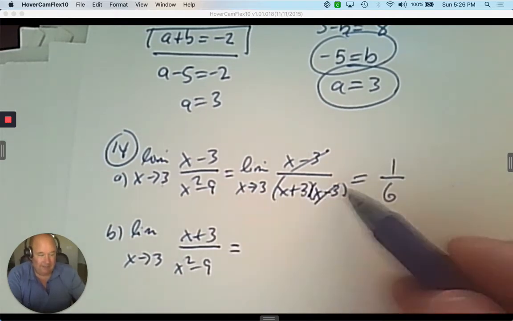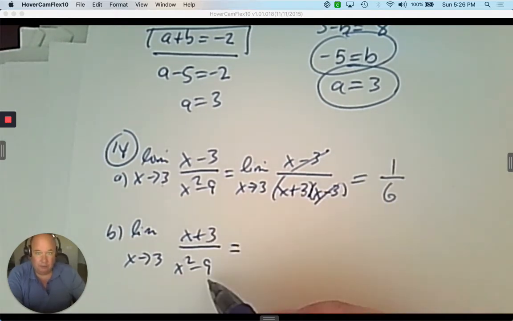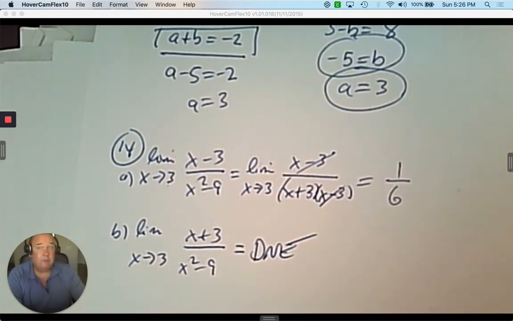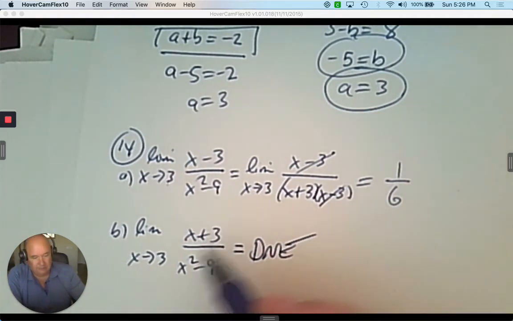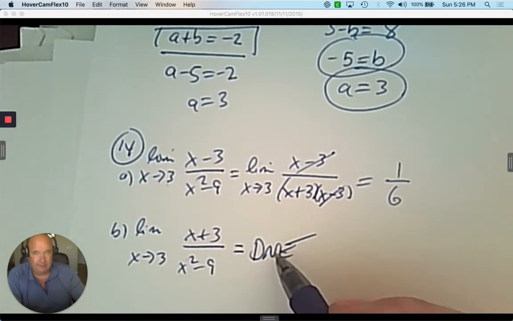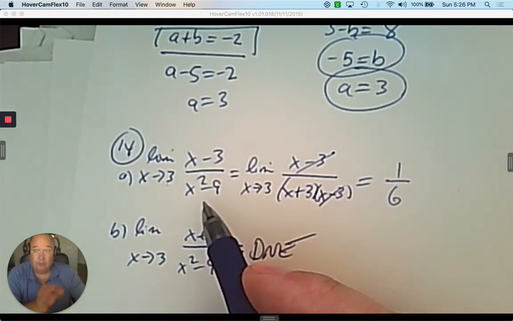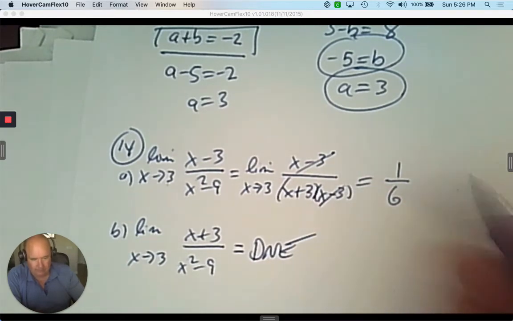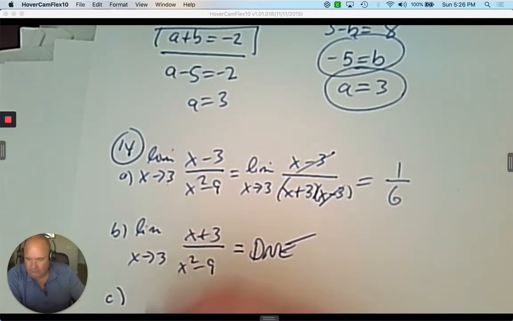That means I can factor and go further. 6 over 0 is undefined and the limit does not exist. Done. So there is a difference between 0 divided by 0 and any other number divided by 0. So 6 divided by 0, that's undefined. 0 divided by 0 is indeterminate, and you could perhaps factor and remove and keep going. Part C.